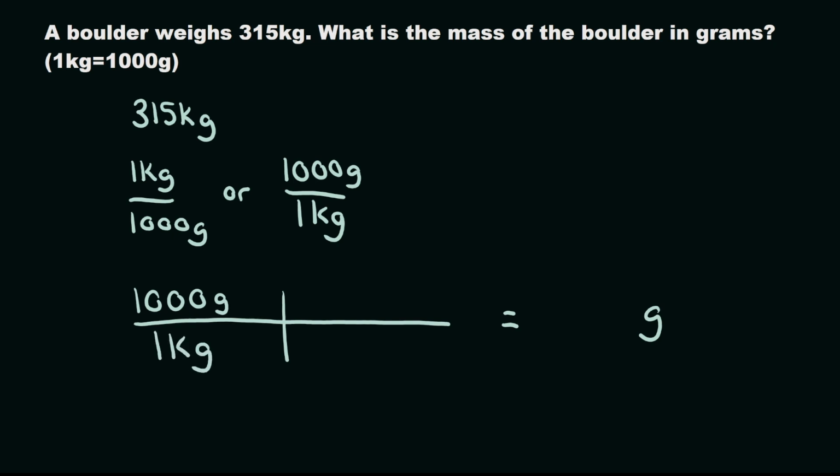And so we actually used the conversion factor that we needed. We didn't need the left one, we only needed to use the right one. Now, in order to get our final answer, we need to cancel out kilograms, which is where we use the information that we were given, 315 kilograms. So the final answer is going to be 315 times 1,000, or 315,000 grams.